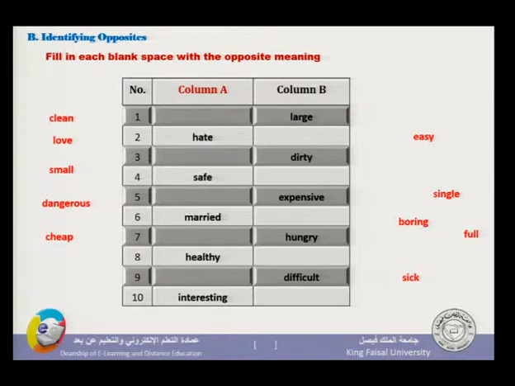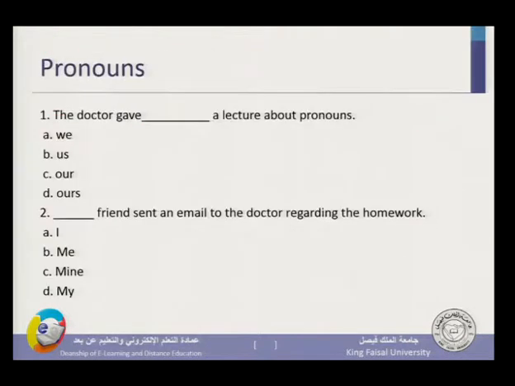Fill in each blank space with opposite meaning. If I say large, the opposite is small. If I say hate, the opposite is like. You choose the answer from the words mentioned here. The doctor gave a lecture about pronouns. Here, it is a question. Of course, these are 2 good examples of how the questions in the final are going to be.